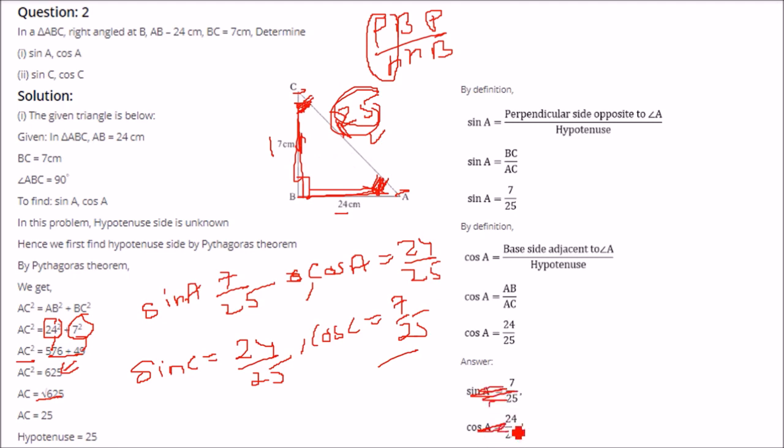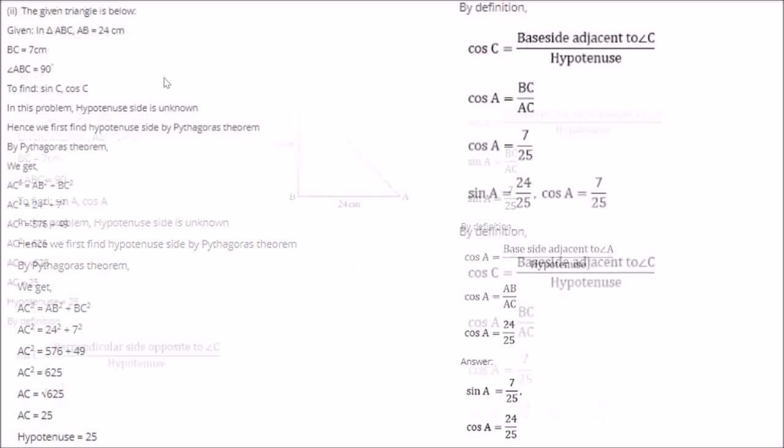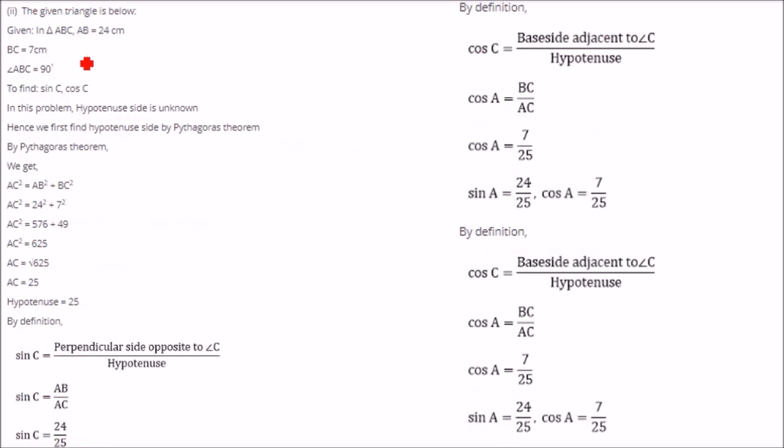So these are the values. So actually this is sin C, cos C. So the solution is in front of you.